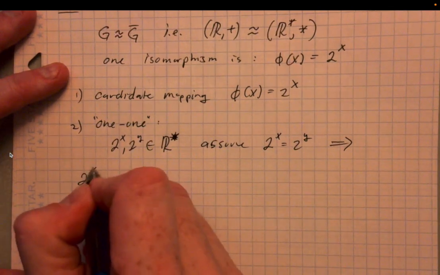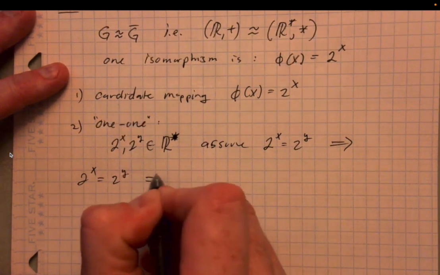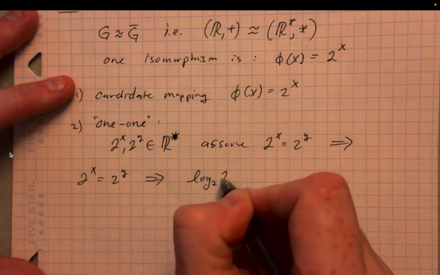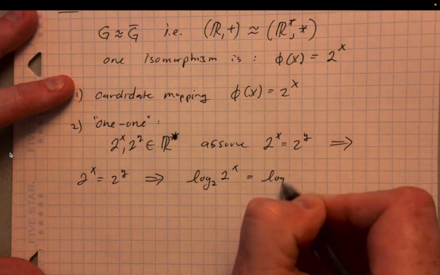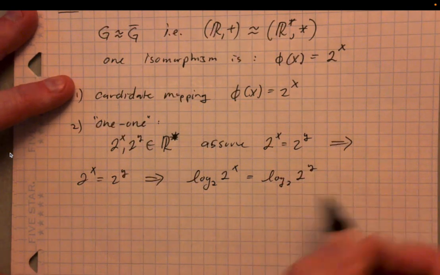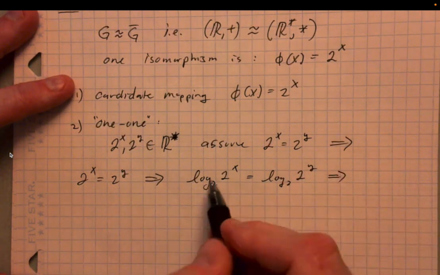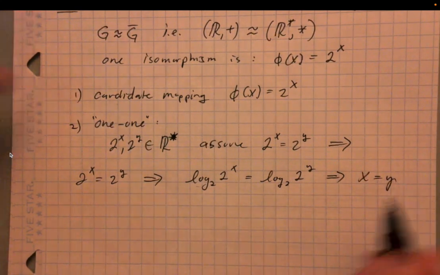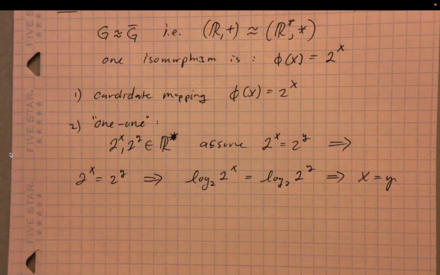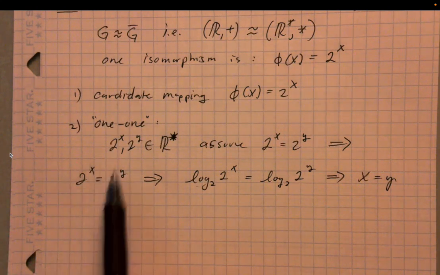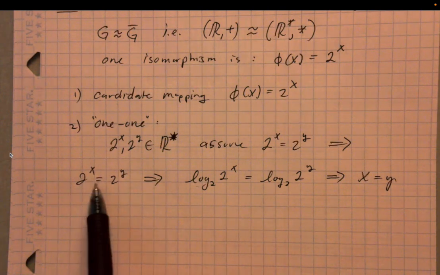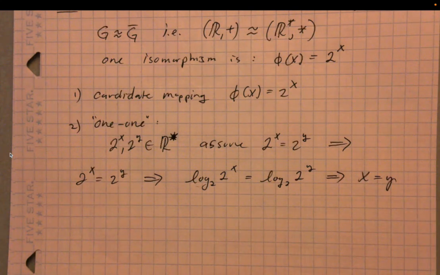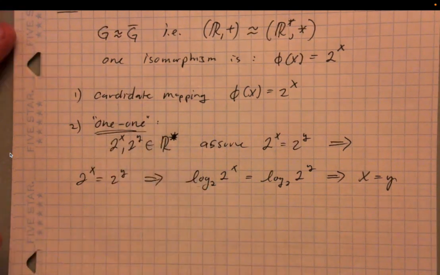If 2 to the x equals 2 to the y, then log base 2 of 2 to the x equals log base 2 of 2 to the y. You can think of this almost as everything canceling out, and you just have x equals y. So the implication is clear: if these two elements in R star are equal to one another, then these two elements in R must be equal to one another. So there's where you get 1-to-1.